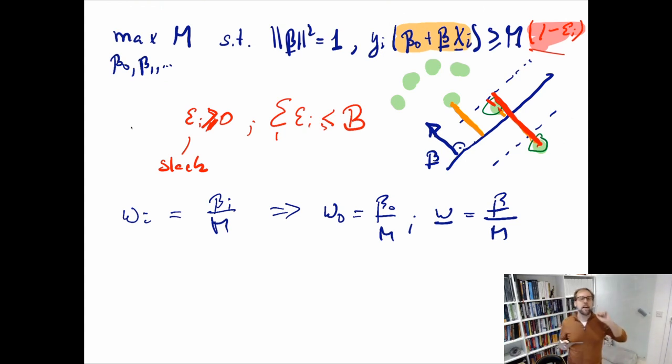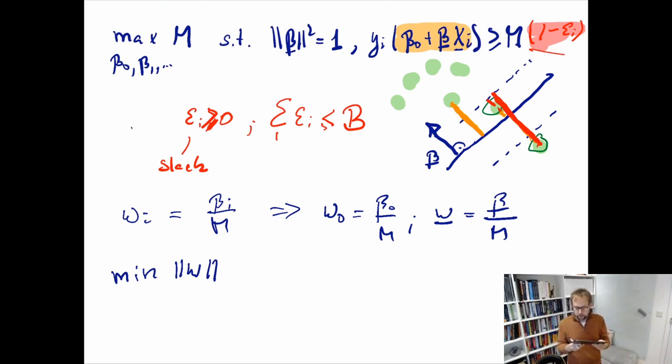But now we see that maximizing m is the same as minimizing 1 over m, which is the same as minimizing the length of omega. So I can effectively rewrite maximizing m as minimizing 1 over m, or minimizing the length of omega. So this is one way of writing this.